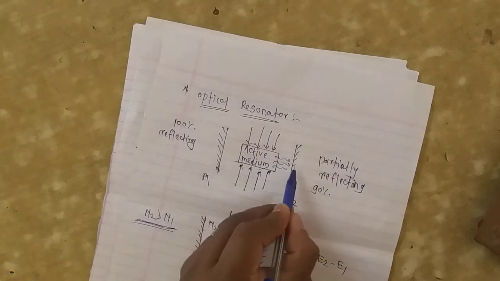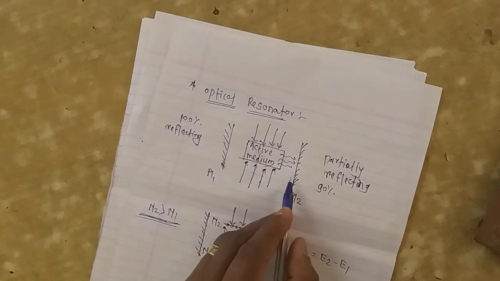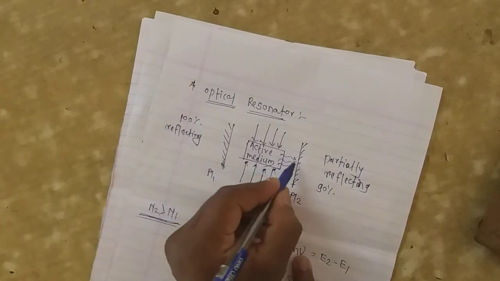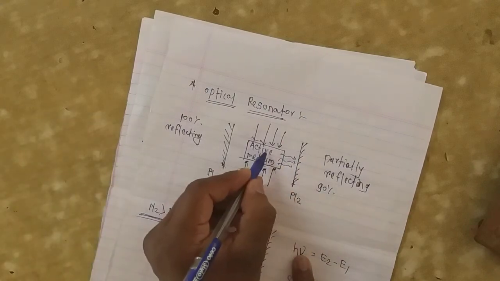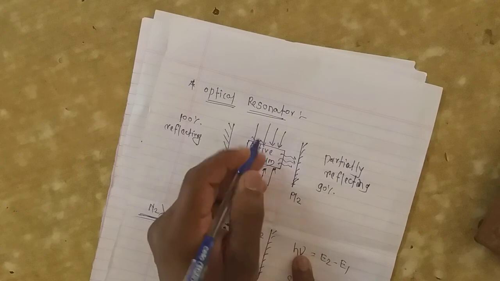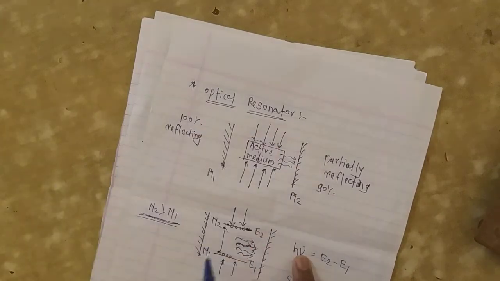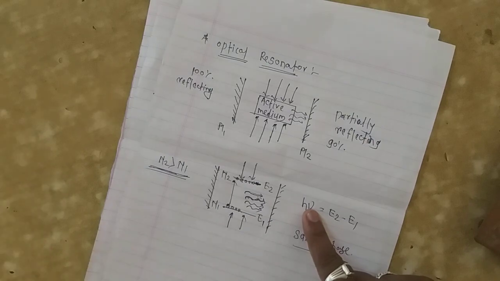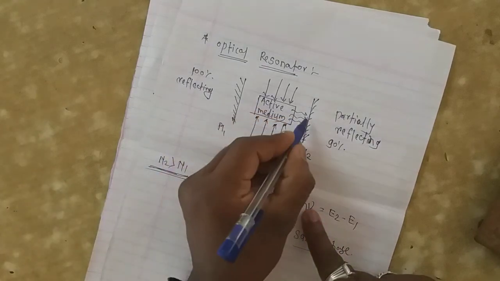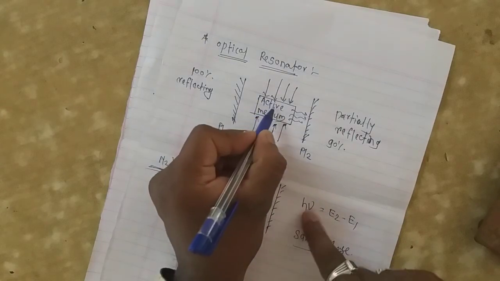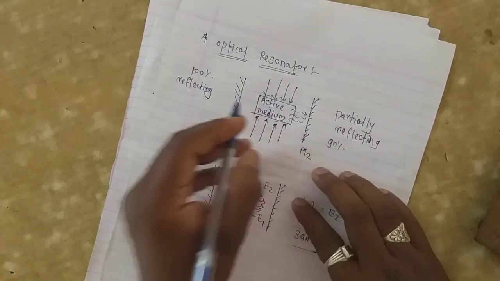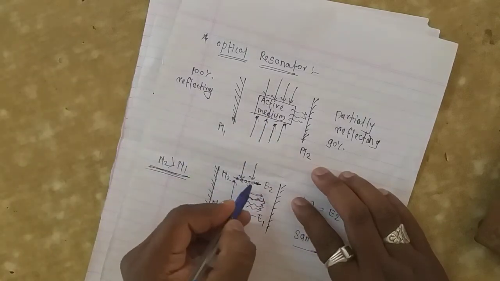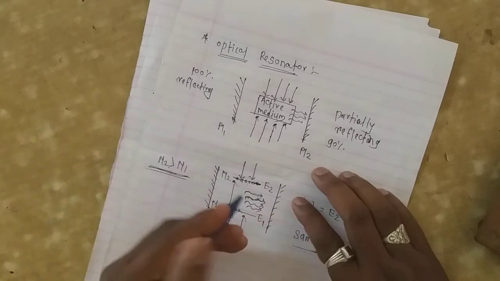That photon is incident on the partially reflecting mirror, then after reflection it comes back and enters the active medium. Then the photon again triggers an excited atom, and that atom comes back to the ground state.